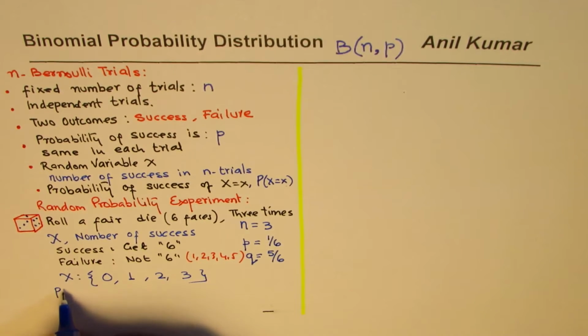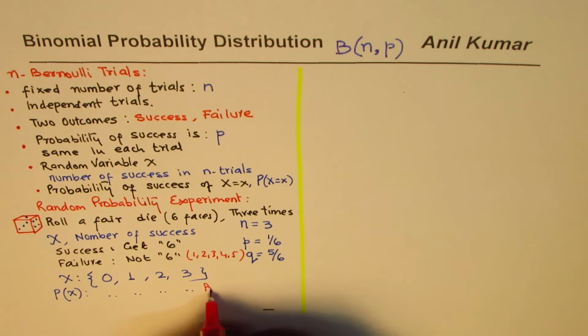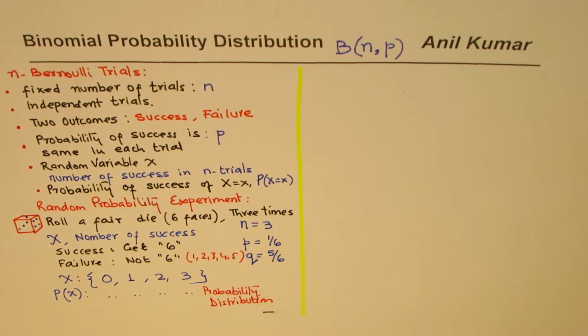What we need to do is find the probability of each value of x. Once we find this, that gives us the probability distribution. Is that clear? That is the basic concept we are going to use for almost all the questions with binomial probability distribution.